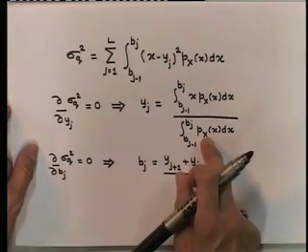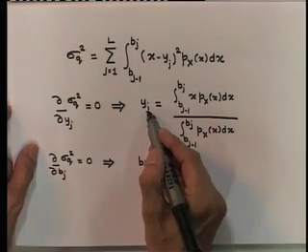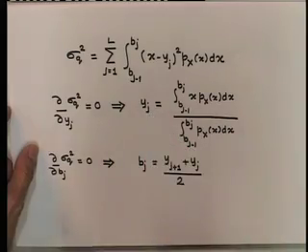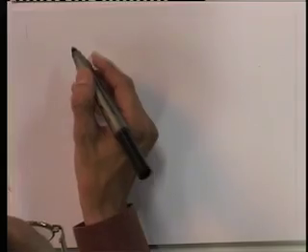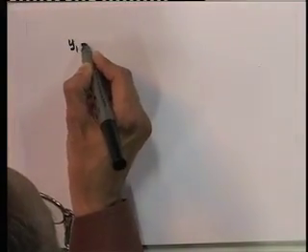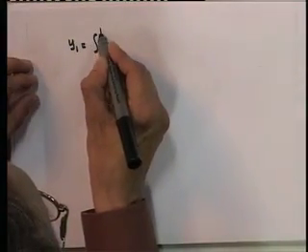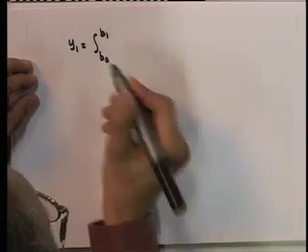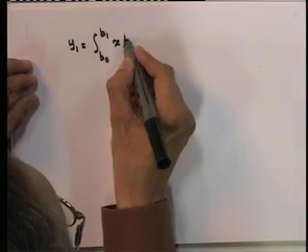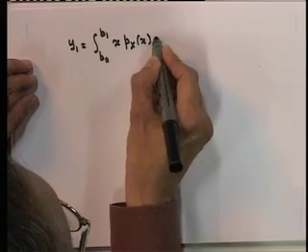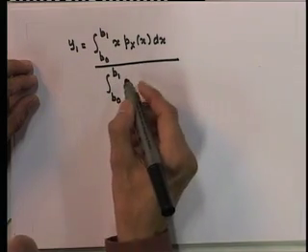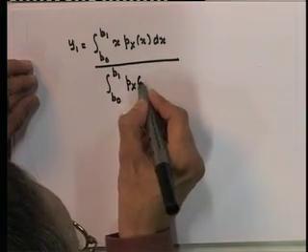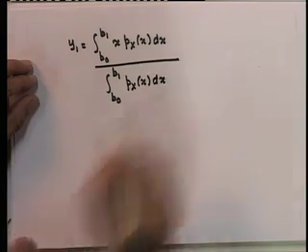So, in this equation let us set j equal to 1. If we set j equal to 1, we get y1 is equal to the integral over b0 to b1 of x p(x) dx divided by the integral over b0 to b1 of p(x) dx.